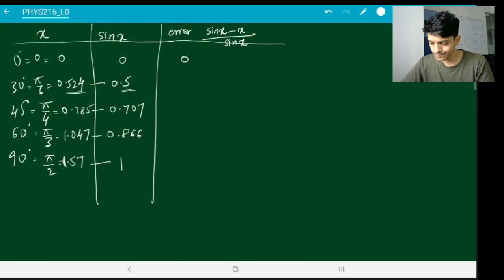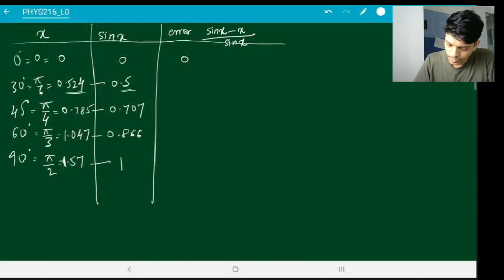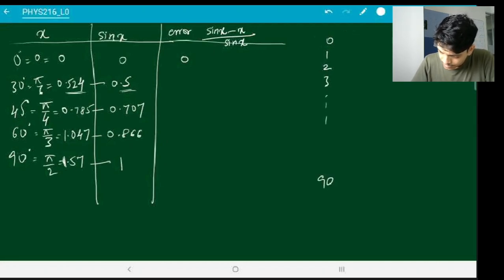In fact, here's a fun exercise. Why don't you write a Python program? Take 1 degree intervals, from 0 to 90: 0 degrees, 1 degree, 2 degrees, 3 degrees, all the way up to 90 degrees. In each case, calculate x in radians, calculate sine of x, and find the relative error between them and list those out.